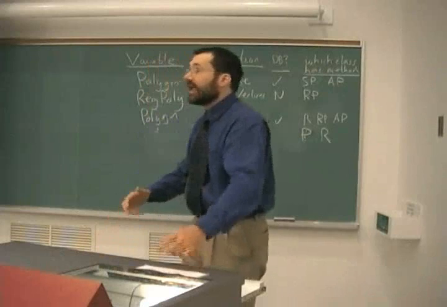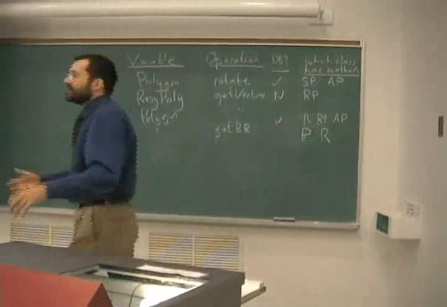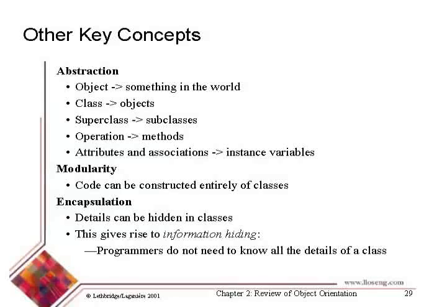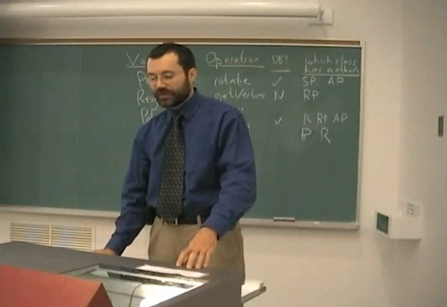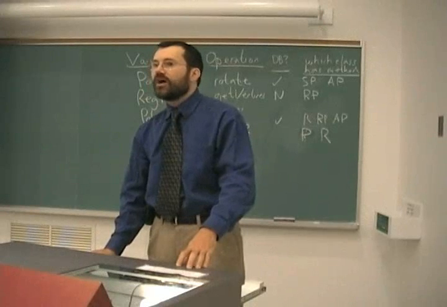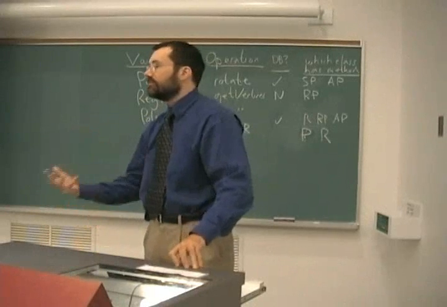Okay, so an operation, I'm saying, well, it has a name, and it has a specification. You can specify abstractly what it means to compute the area of something. Okay, and then the methods are concrete implementations with the detail that comes in. And then we have attributes and associations, we talked about briefly in the last lecture, that are abstractions over the concrete instance variables that implement them.